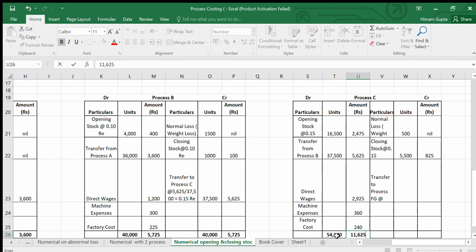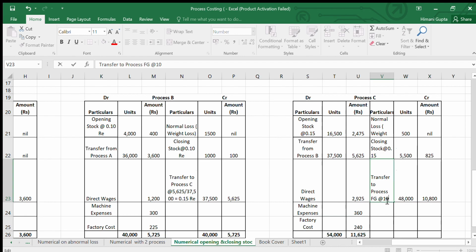Now let's see how much finished goods are being transferred to finished goods. We put 54,000 units, out of which 500 is wasted and 5,500 is still there. They are still not manufactured. So how many units are left? 48,000 units are left. Value will be, the cost is 11,625, out of which we got 825. So the value is 10,800. Calculate the rate.